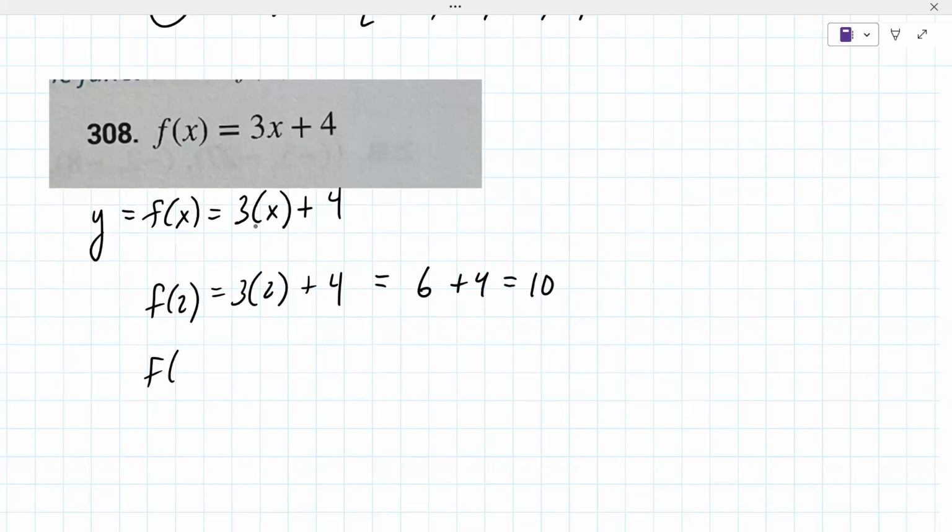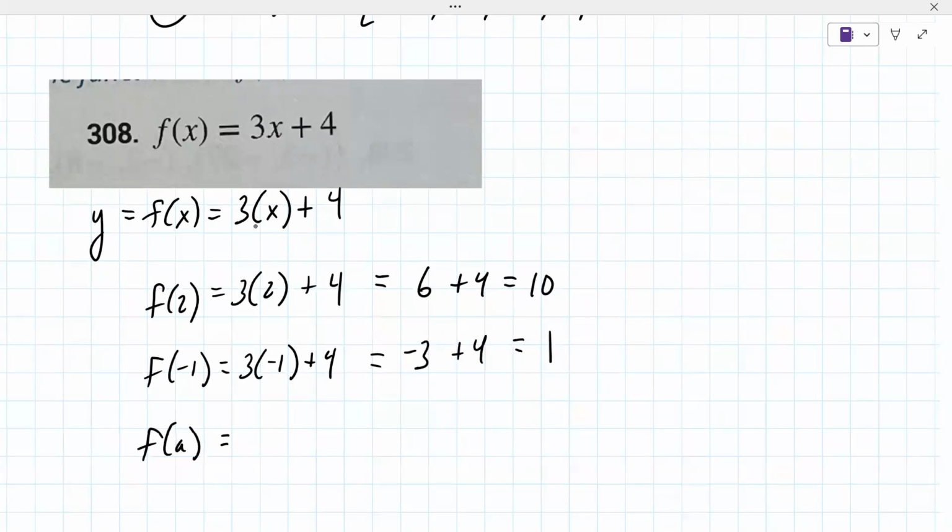The next one is f of -1. You want to again treat that variable like it's in parentheses, multiply before you add. The last one's maybe the most confusing because there's not much to do. You're just literally putting that letter in for x, and there's nothing to do.